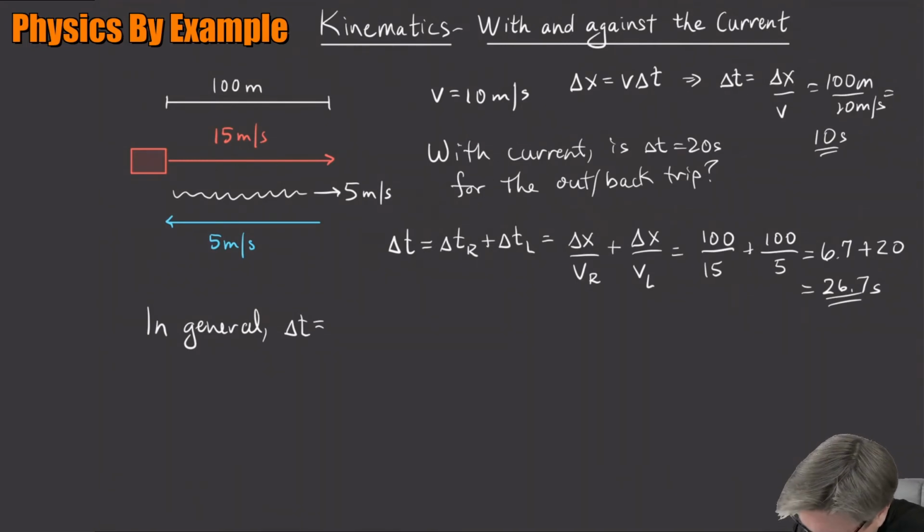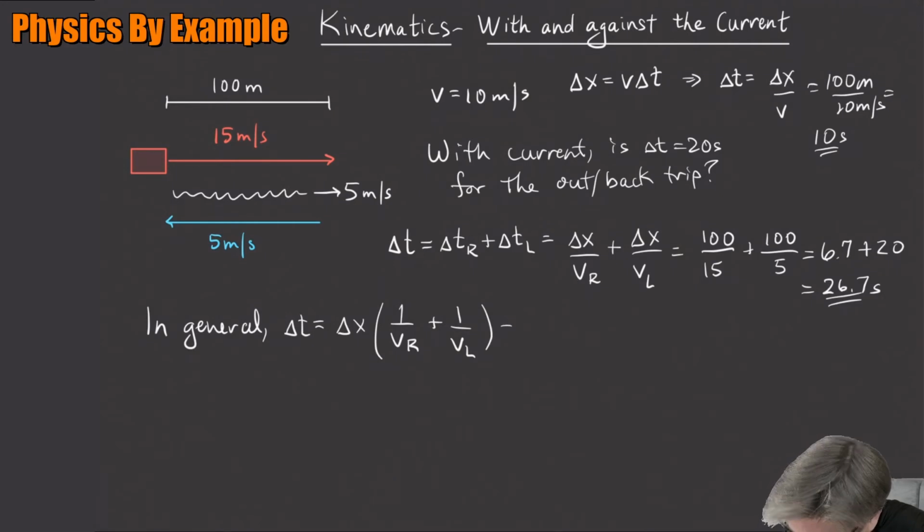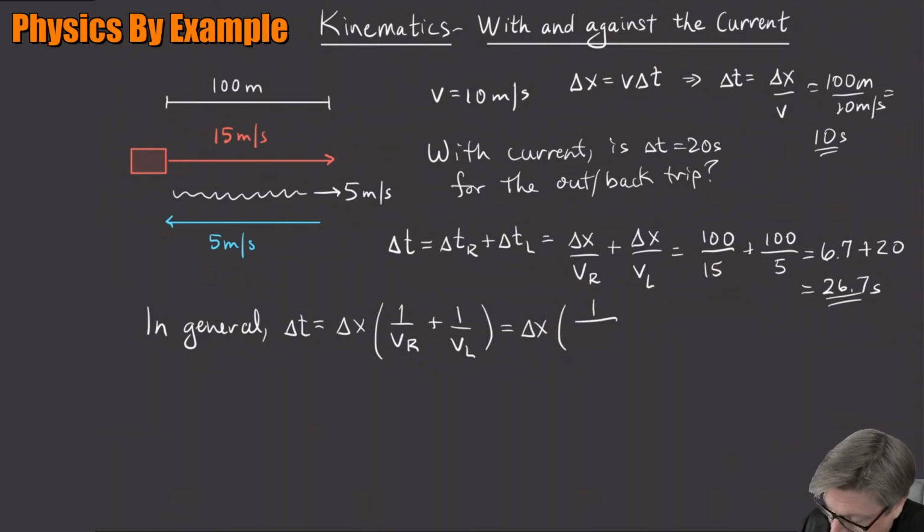Let's factor out the delta x. And this is going to be 1 over VR plus 1 over VL. Let's simplify that a little bit. Let's introduce this. This is going to be the water.